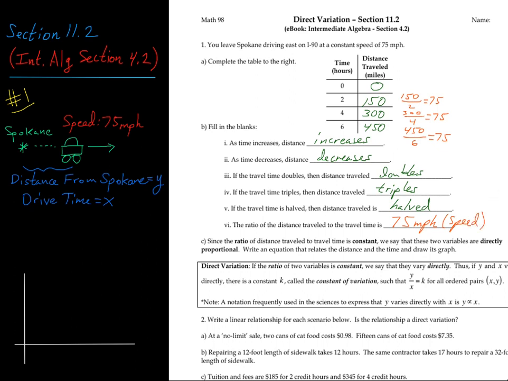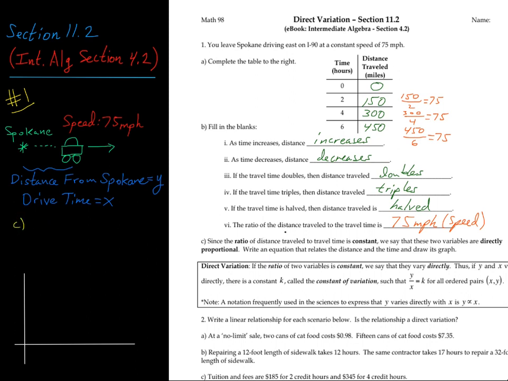Okay, great. Now if I look at part C, it says, since the ratio of distance traveled to travel time is constant, we say that these two variables are directly proportional. Write an equation that relates the distance and the time and draw its graph.